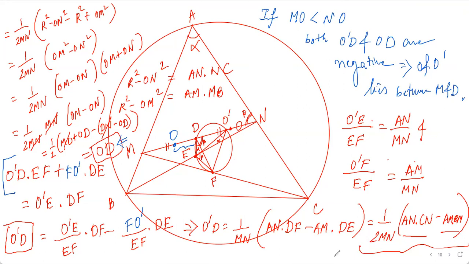Where the sign is changing, till here we were fine, and then O'D will be equal to half of, now I'm replacing this AN by MN. So the main thing is, I can take them to be AN.